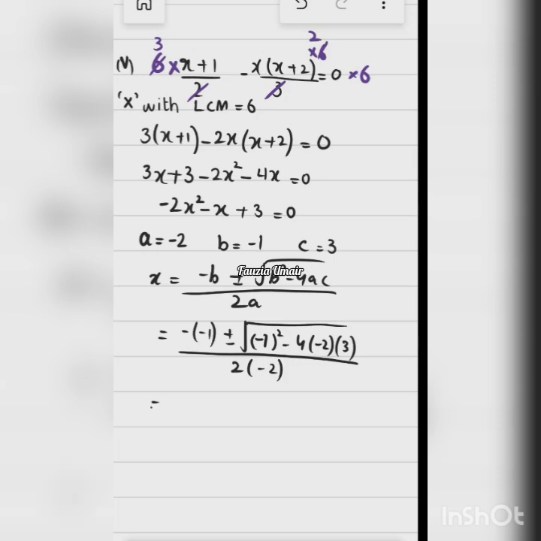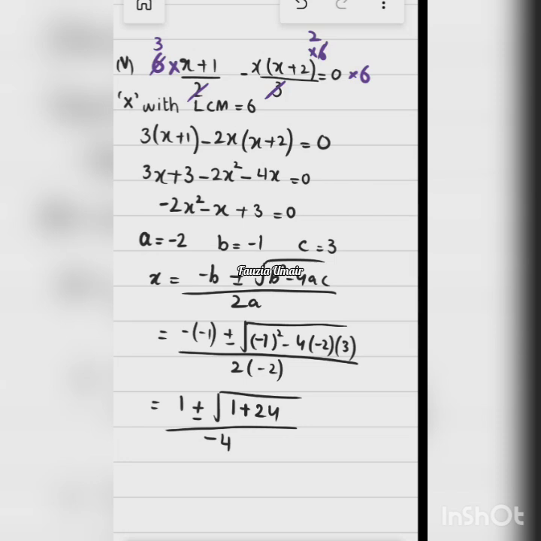Now just open the brackets: minus into minus plus 1, plus minus 1 square would be 1. The minus into minus sign will become plus, and 3 twos are 6, 6 fours are 24. Very good. In the divisor it is minus 4.